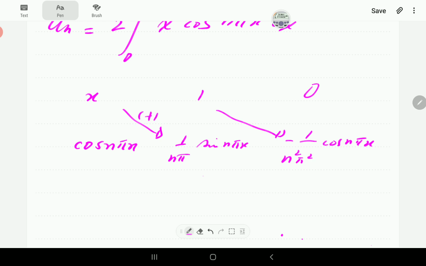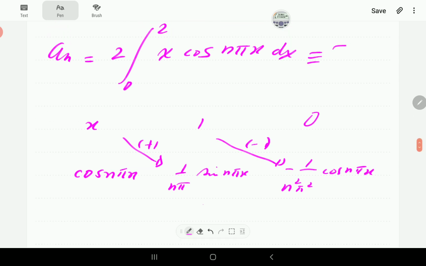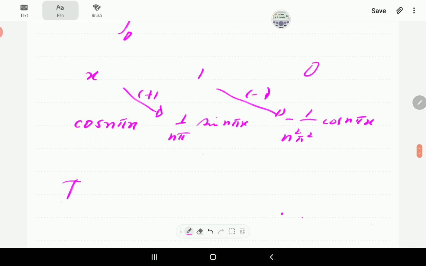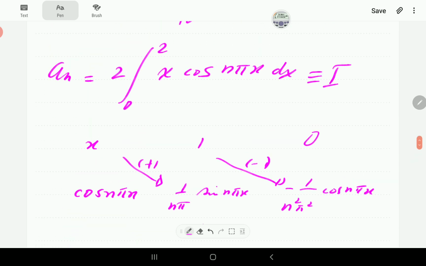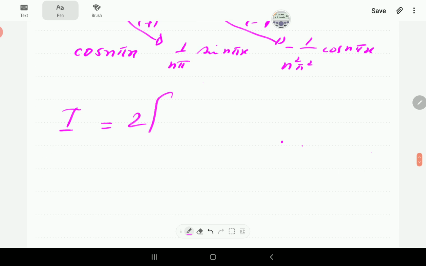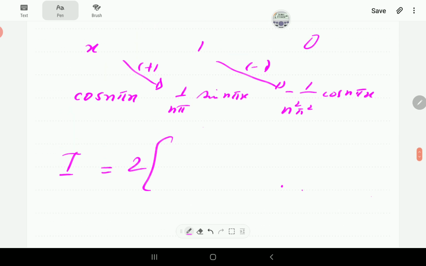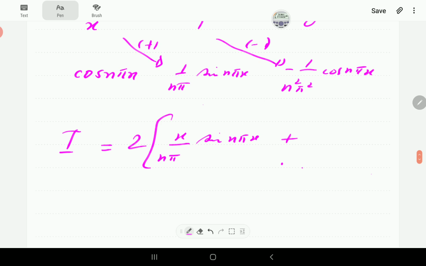That term is going to be plus, and that one is going to be minus. We call this thing I. Remember there's a 2 in front, so I is x over n pi sine n pi x plus 1 over n squared pi squared cosine n pi x, from 0 to 2.